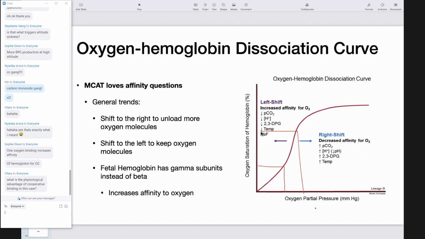So in any physiological process, we can actually shift this affinity curve. Shifting this affinity curve is essentially what's going to cause your hemoglobin to either hold on to oxygen or release it to its tissues. So shifting this hemoglobin affinity curve is what's going to tell the body what to do with the bound oxygen. So let's actually do that.